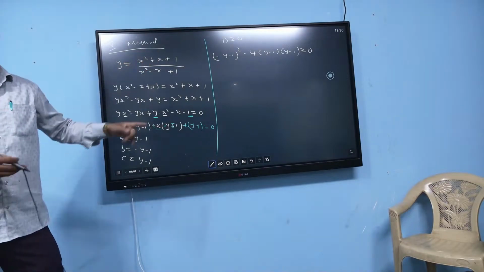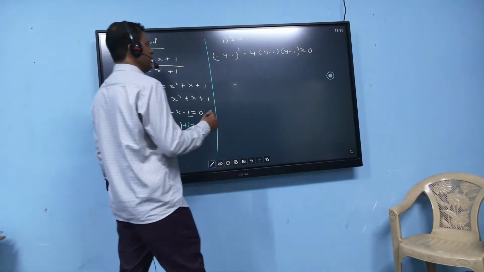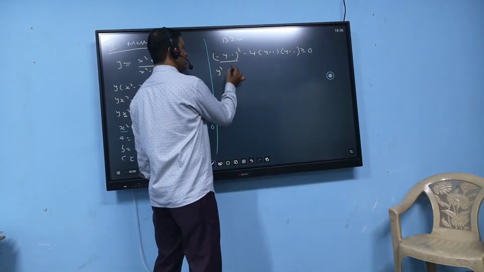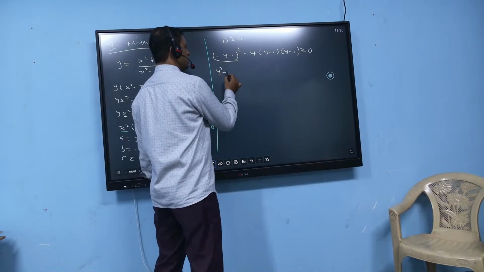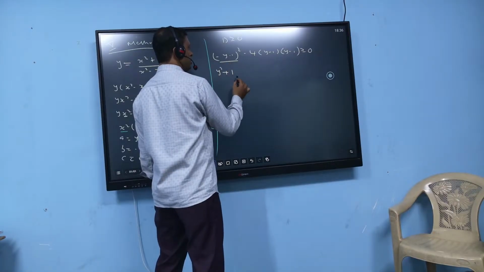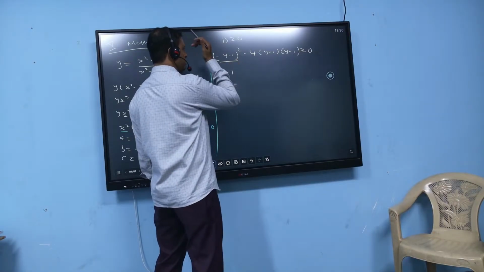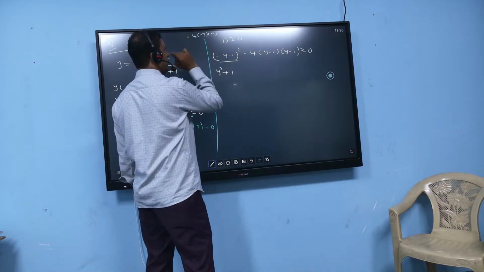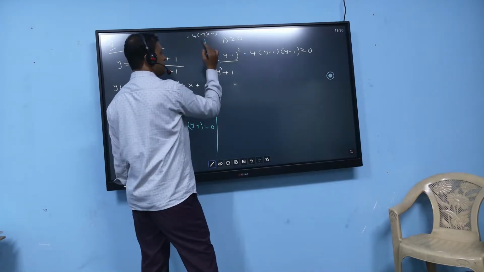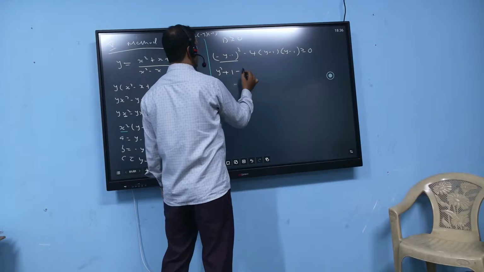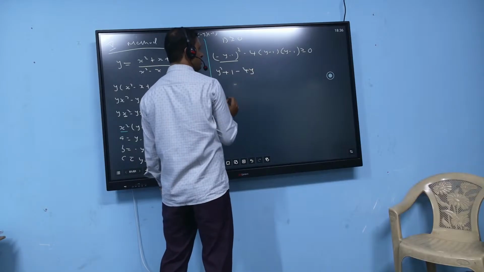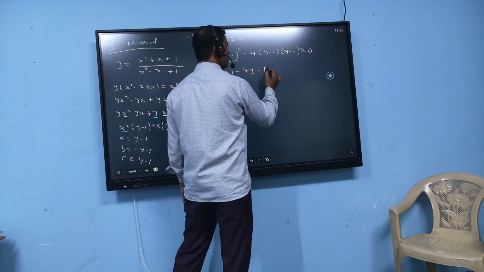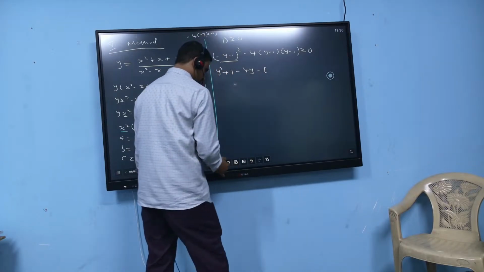B squared minus 4AC. Now next, this is (a minus b) whole squared, so a squared plus b squared minus 4AC. What does that become? Minus, minus, plus into minus, minus 4y. Correct? So minus, open the bracket.